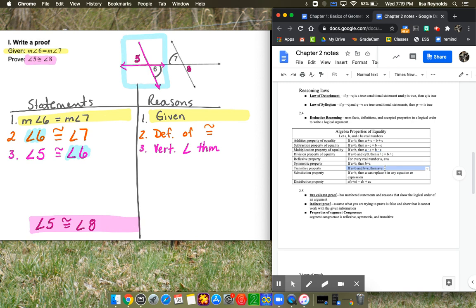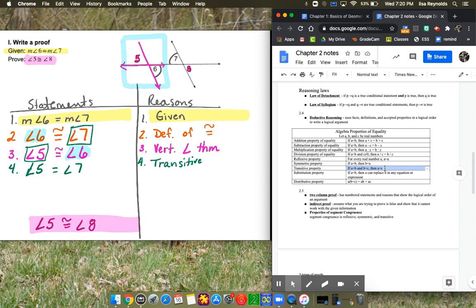So I can apply the transitive property. It can't be substitution. Substitution doesn't work for congruence, only the transitive, symmetric, and reflexive. But I can now make a new statement that my angle 5 has to be congruent to the angle 7. So my angle 5 and my angle 7 have to be congruent to each other because they're both congruent to angle 6. Okay, we're a little closer to where we need to be.